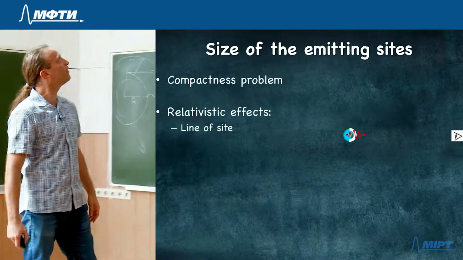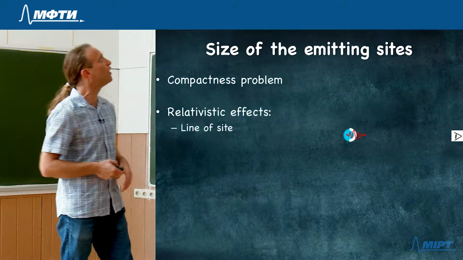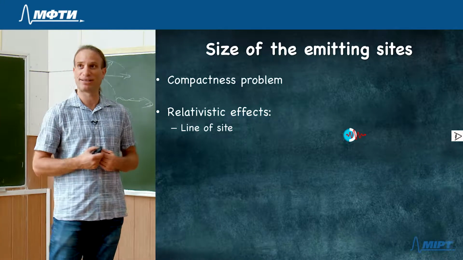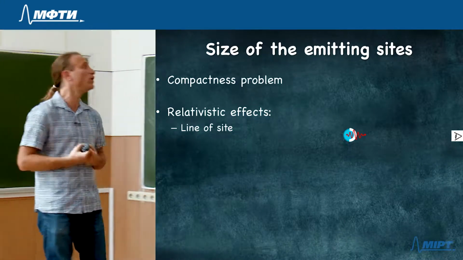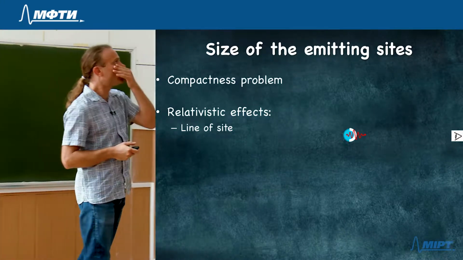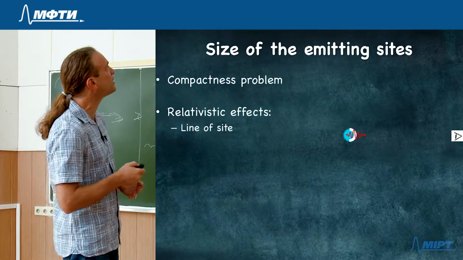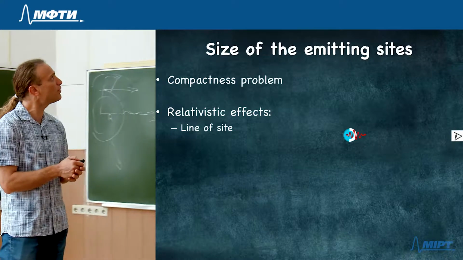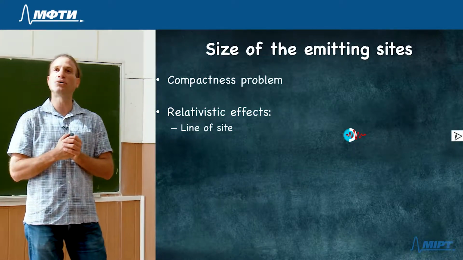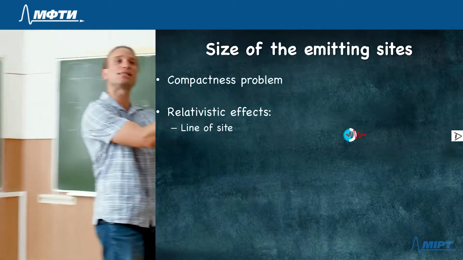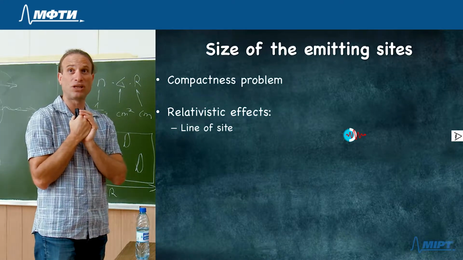In order to solve it, I want to talk to you a little bit about relativistic effects, because relativistic effects will solve the problem for us. Assume that we have some source. Here is the source, and the source is emitting photons, and it is moving toward us with some velocity which is close to the speed of light.